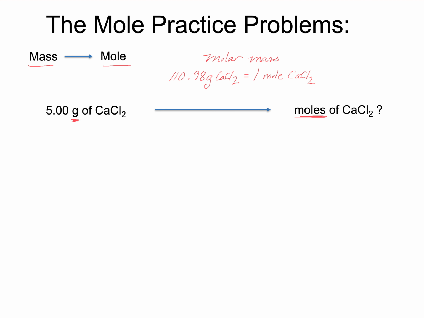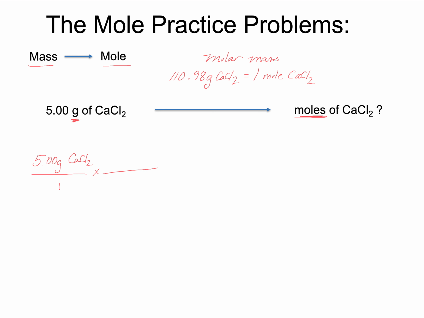So we're going to now start using our dimensional analysis techniques to calculate things in chemistry. The way we're going to start out is we're going to start with our first value of 5.00 grams of calcium chloride, and we're going to put this over a 1, and we're going to multiply it times our conversion factor of 110.98 grams of calcium chloride to 1 mole.